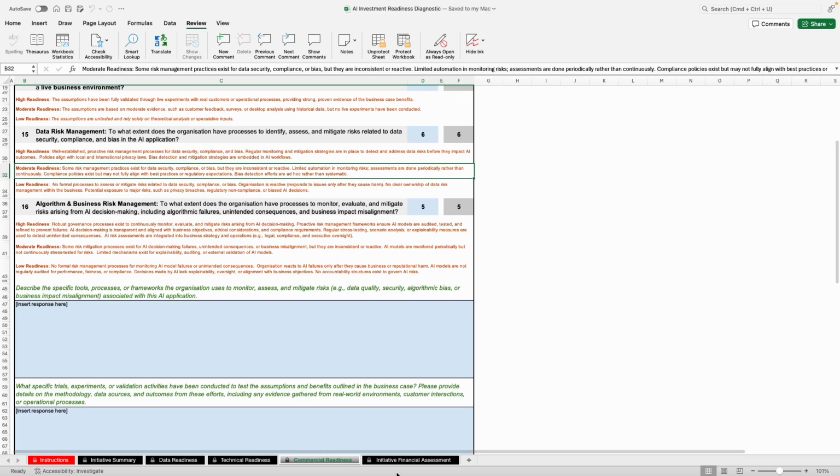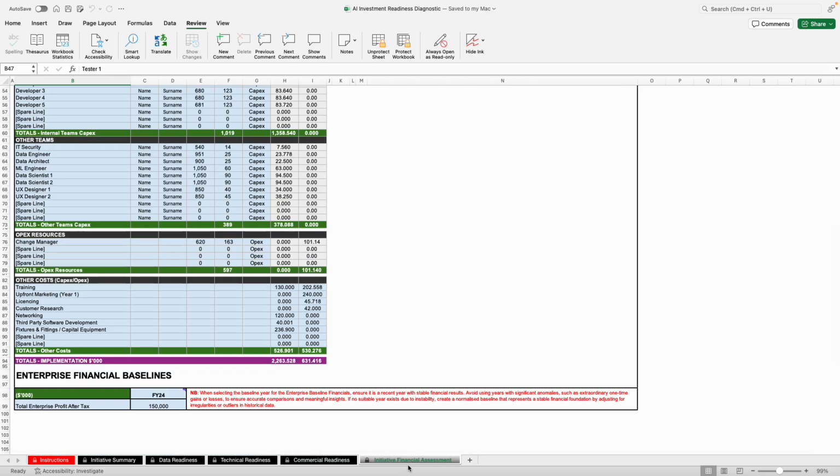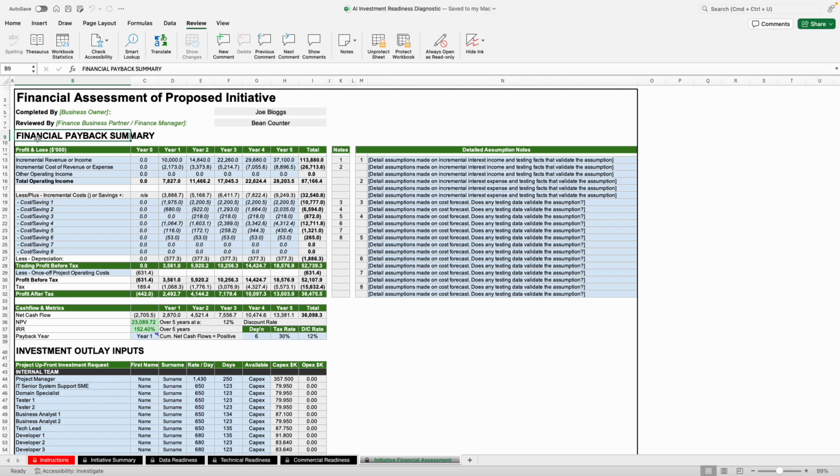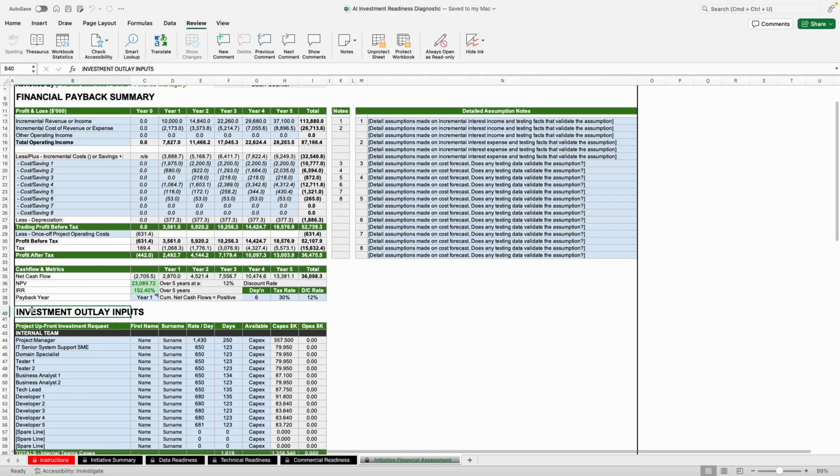Moving to the financial assessment sheet, this section is completed by the business owner with review by the finance business partner. You'll need to complete three key input areas. Firstly, the financial payback summary, focusing on all pale blue cells. The investment outlay inputs.